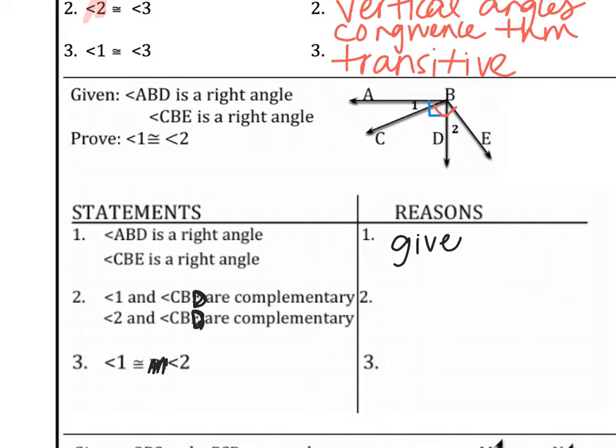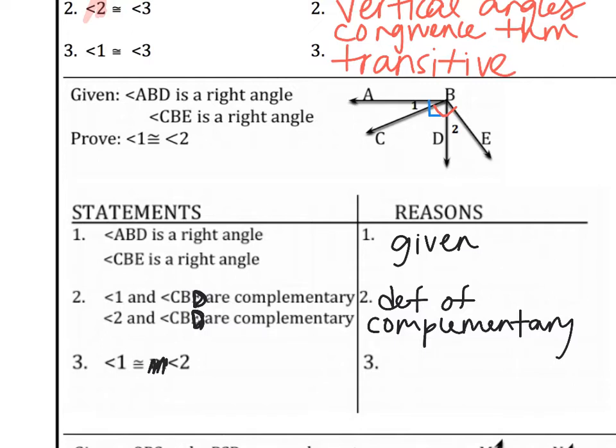And then we were told that we had right angles, and so we said that angle 1 and CBD are complementary and angle 2 and CBD are complementary. Brooke, why'd you say that? They add up to 90. They're a right angle. And so look at these two statements.